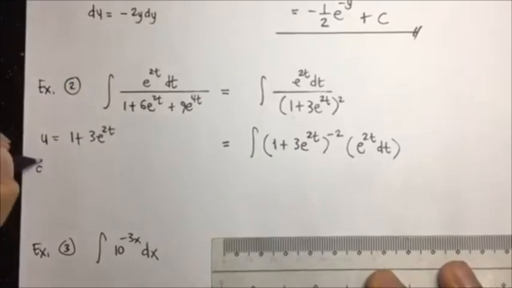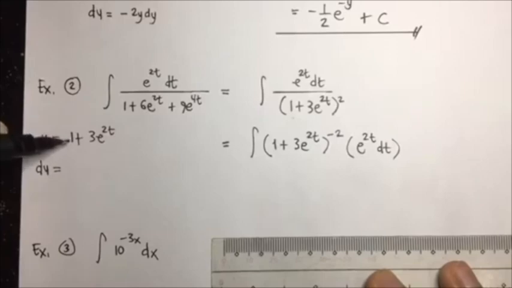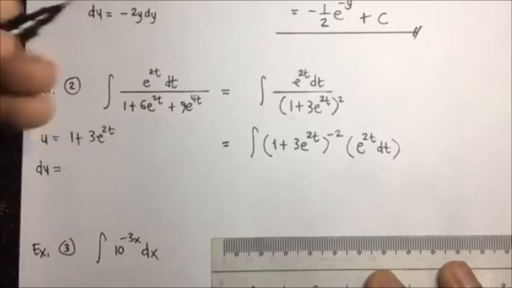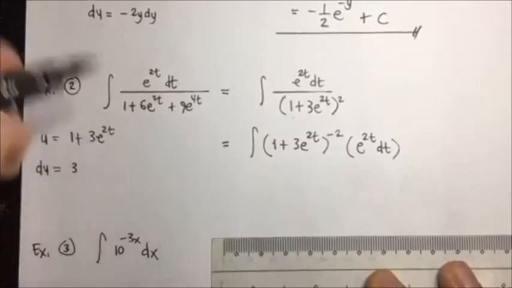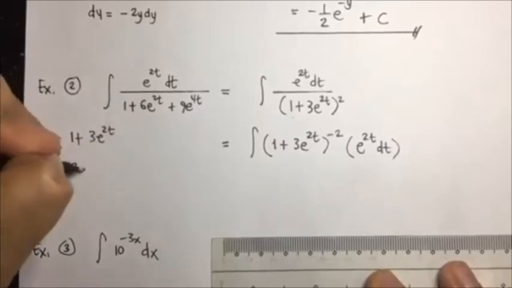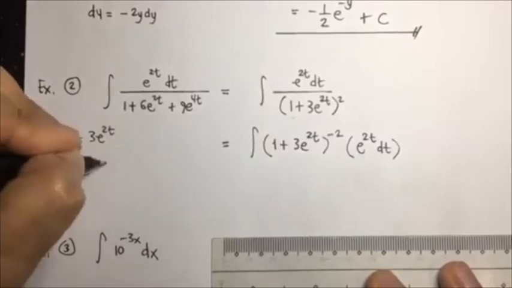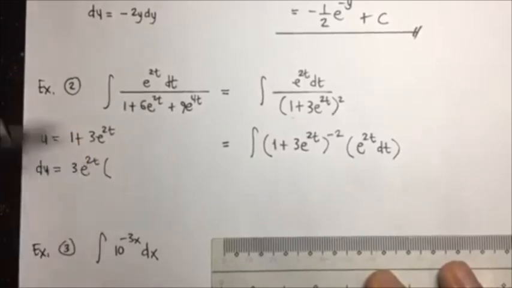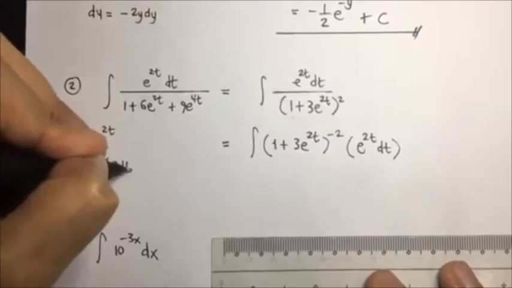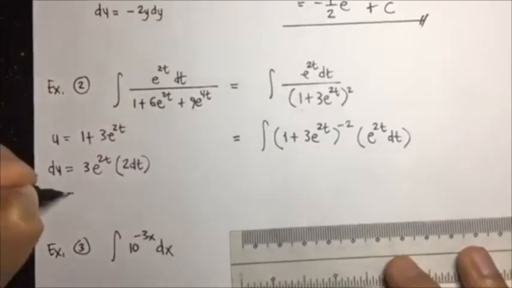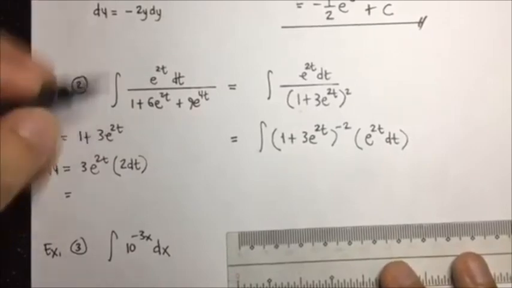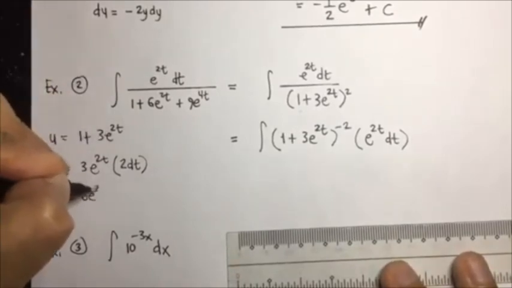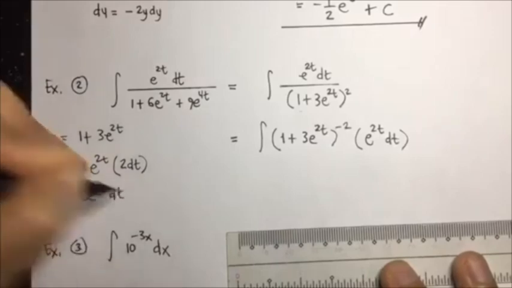Our du therefore must be equal to 0 for the differential of the constant, plus 3 times the differential of e raised to 2t, which is copy e raised to 2t multiplied by the differential of the exponent, 2 dt. So its complete differential must be 6e to the 2t dt.